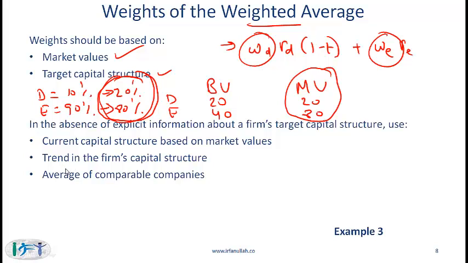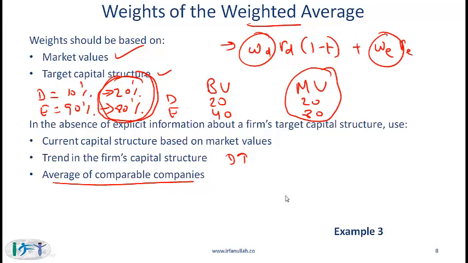If you are noticing that the company is increasing its level of debt, you can use your judgment and the trend that you are observing to come up with the target capital structure. That is subjective, but not a very critical point from an exam perspective. Or you can use the average of comparable companies.